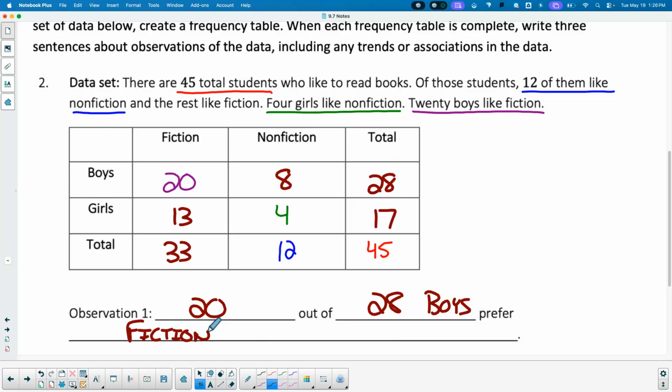And give me another one. So the majority of girls prefer fiction, majority of boys prefer fiction. Yep. Okay. Are we seeing a trend here? Majority of these students prefer fiction. That could be our third observation. Okay. All right. Love it. You try data set number 3 now.